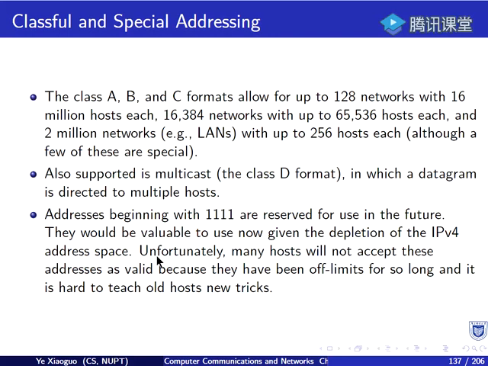They would be valuable to use now, given the depletion of the IPv4 address space. Unfortunately, many hosts will not accept these addresses as valid because they have been off limits for so long. It's hard to teach old hosts new tricks.